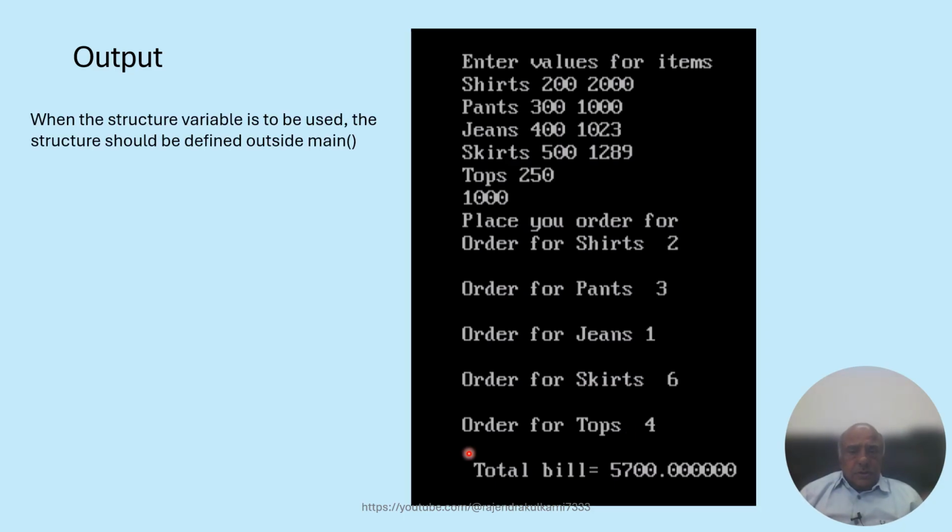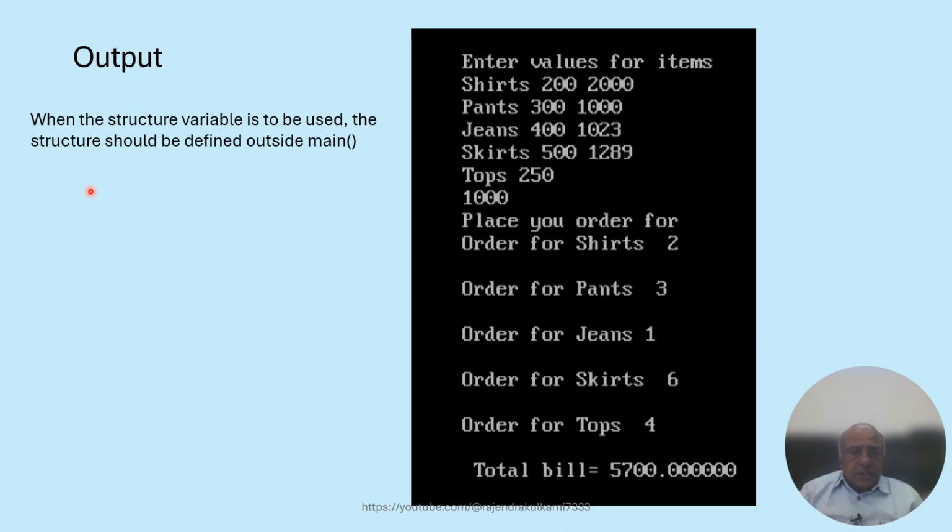What we should keep in mind is, when the structure variable is to be used in the functions, the structure should be defined outside of main. What this tells us is, when we are going to use structure variables outside of main, then those structure variables should also be known to whatever functions are being used and defined outside of main.